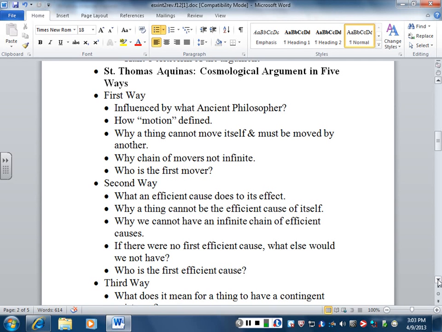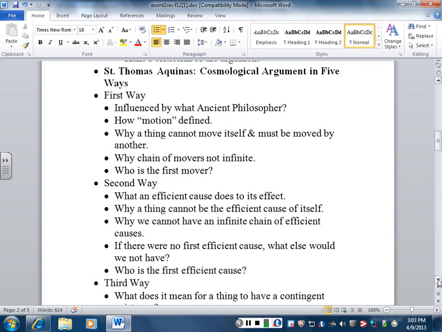Say a doctor is treating somebody, looks at their symptoms, and says, well, there are 2 or 3 things that are consistent with these symptoms, and they'll put on their notes, rule out these things. In other words, they're saying, let's do some more tests and rule out some of these options and see if we settle on one of them. Well, this is the overall strategy that Aquinas tries to use.